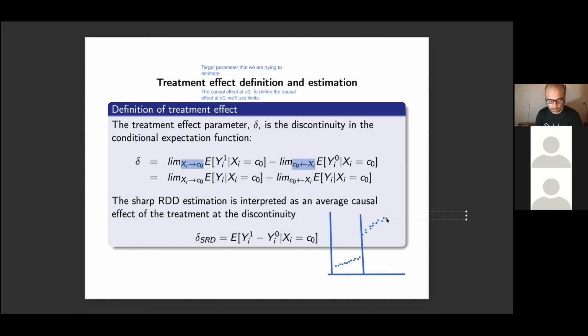That's Y1, that's Y0. And then we'll put in their counterfactuals here with different colors.